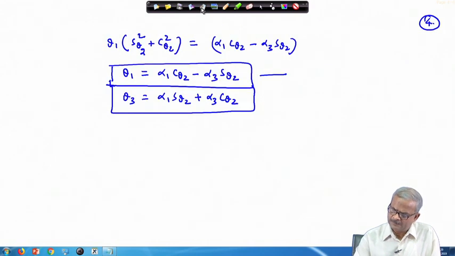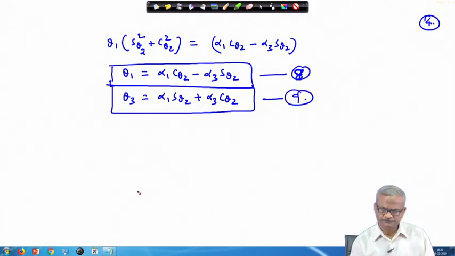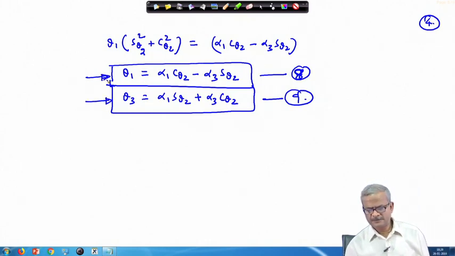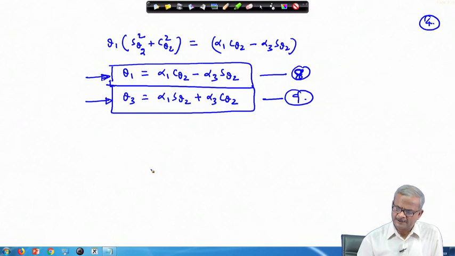So, we will write this as equation number 8 and this as equation number 9. Now, from here onwards this derivation is very stretching, okay, but it is good to have practice of this, so that you understand the whole process and how things are working.